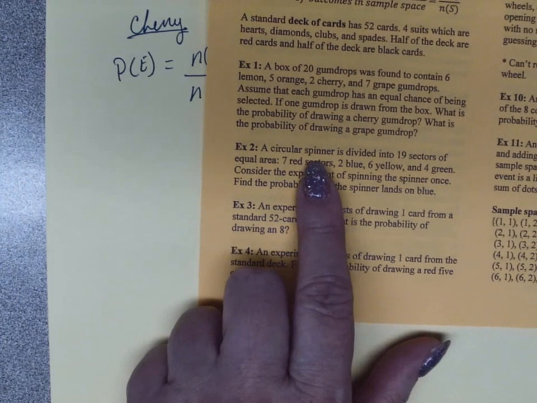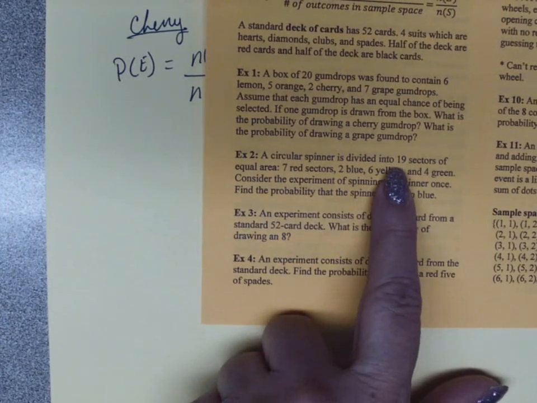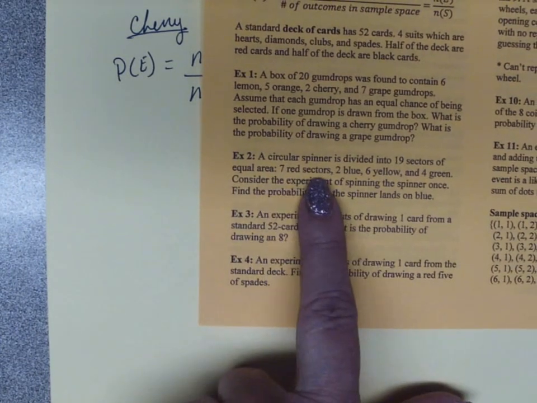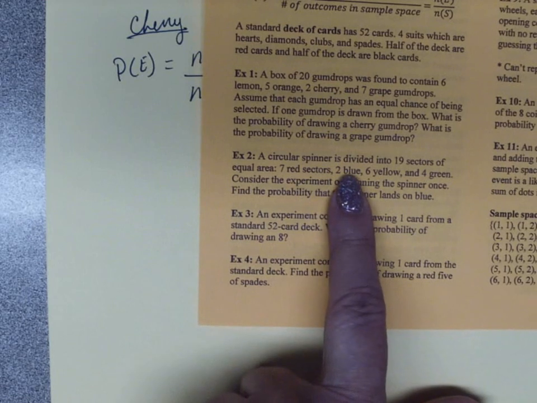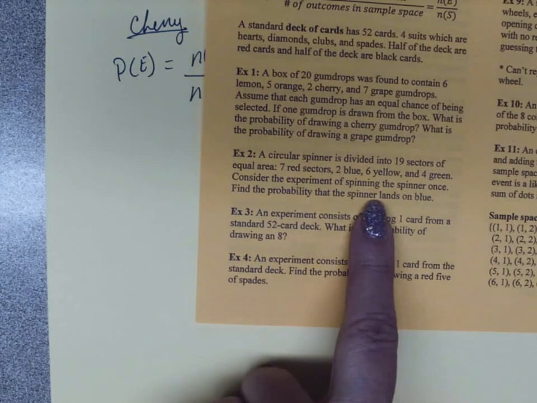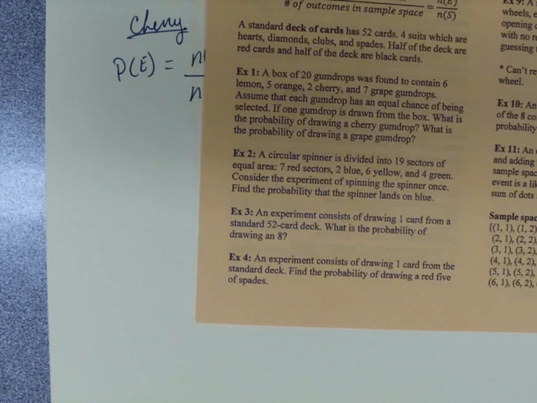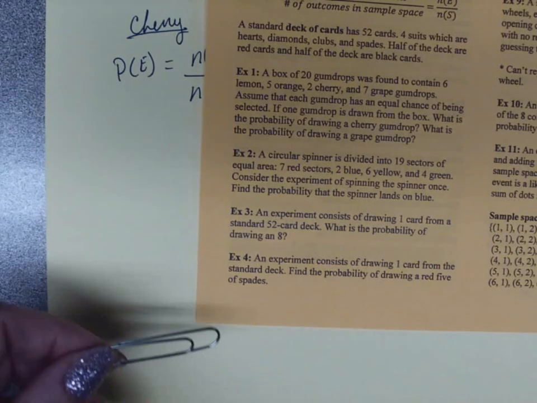A circular spinner is divided into 19 sectors of equal area: 7 red, 2 blue, 6 yellow, and 4 green. Consider the experiment of spinning the spinner once. Find the probability that the spinner lands on blue.